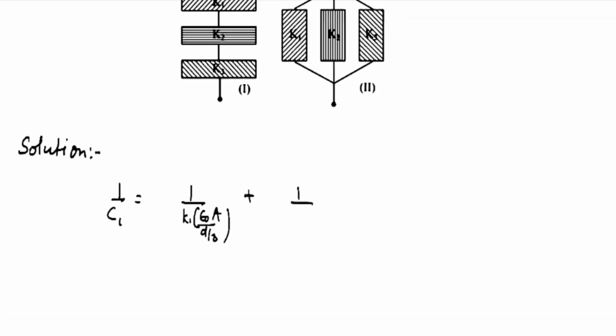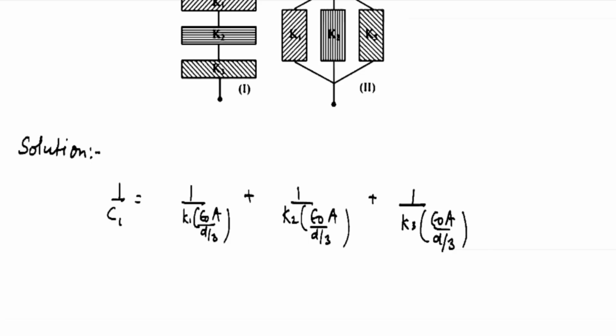Now for K2, 1 upon K2 epsilon naught A by d by 3. For K3, 1 upon K3 epsilon naught A by d by 3.